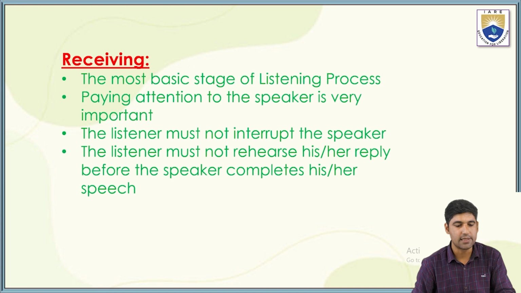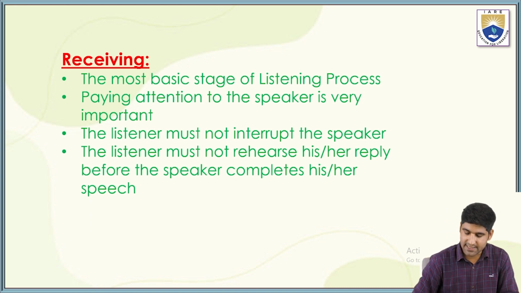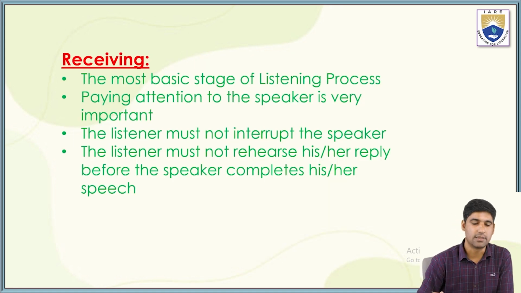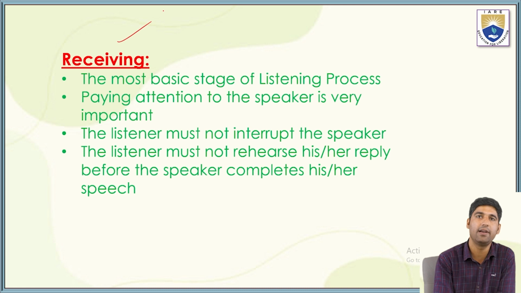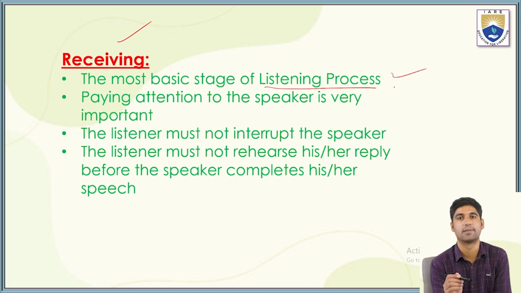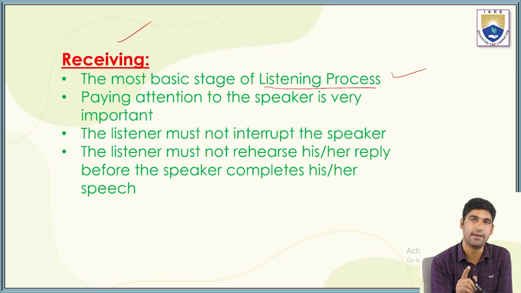The first one is receiving. What is the first stage which a receiver goes through, which a listener goes through? That is receiving. What is receiving? It is the most basic stage of the listening process. When we listen, I told you we receive information. So the first stage is receiving.